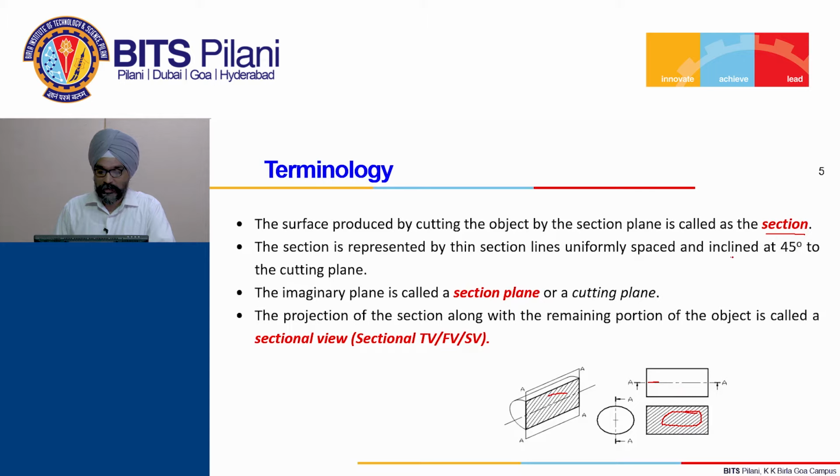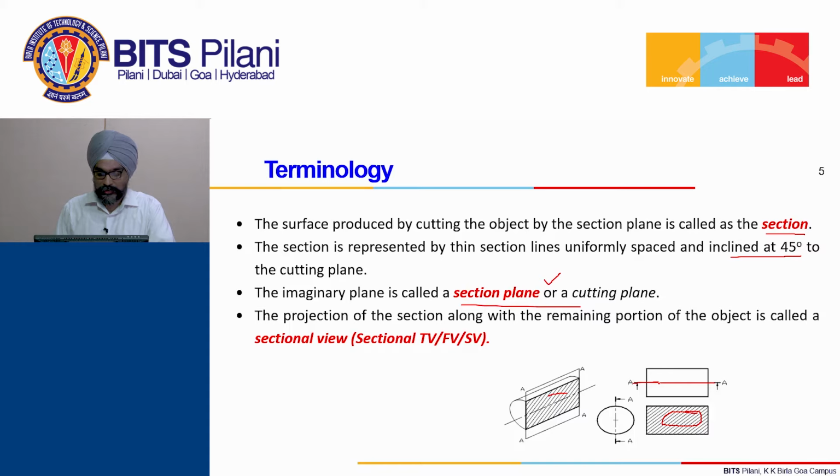It is represented by inclined lines at 45 degrees; we simply have to hatch it, and that hatch pattern of 45 degree lines is easily available, so we have to insert it. And the plane of cutting is called the section plane. I already emphasized that.